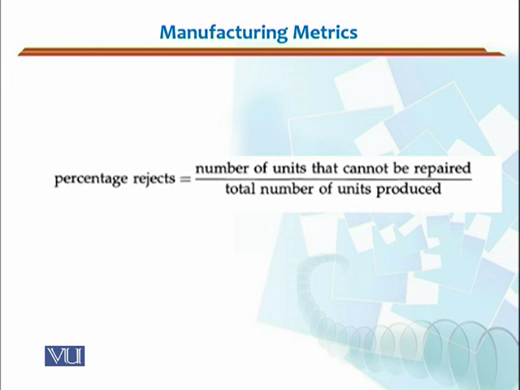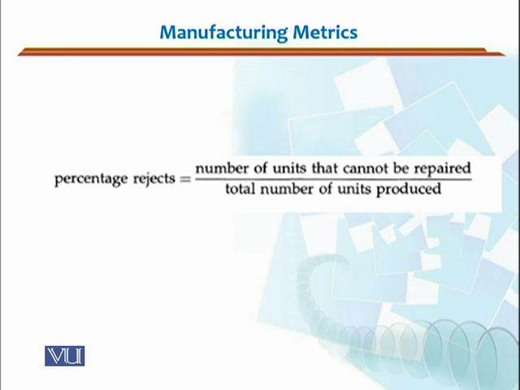Just keep it in mind that this rejection percentage depends upon the units that cannot be repaired, or in other words, the units which are major in rejection. It doesn't include those units or defects which were minor in nature and were corrected or fixed and became part of the production again.